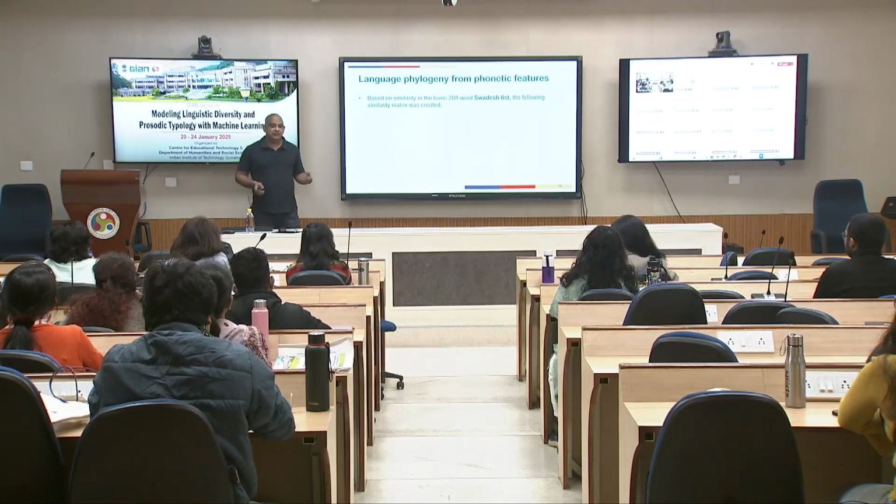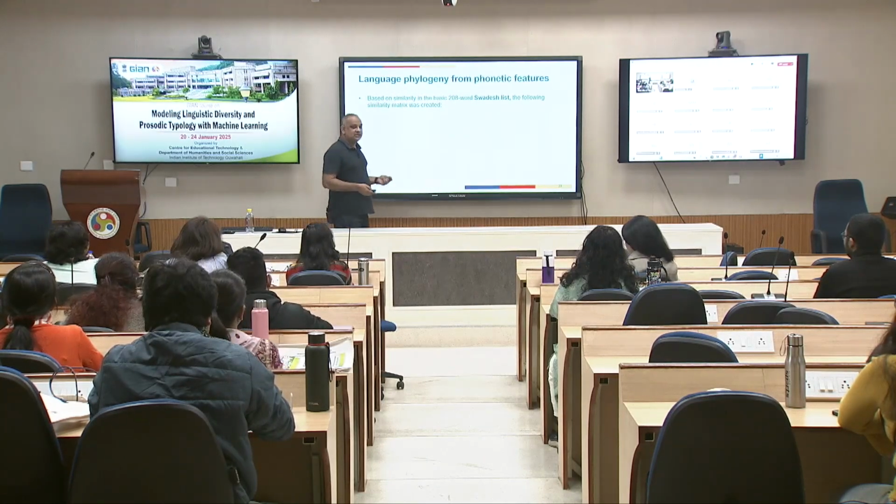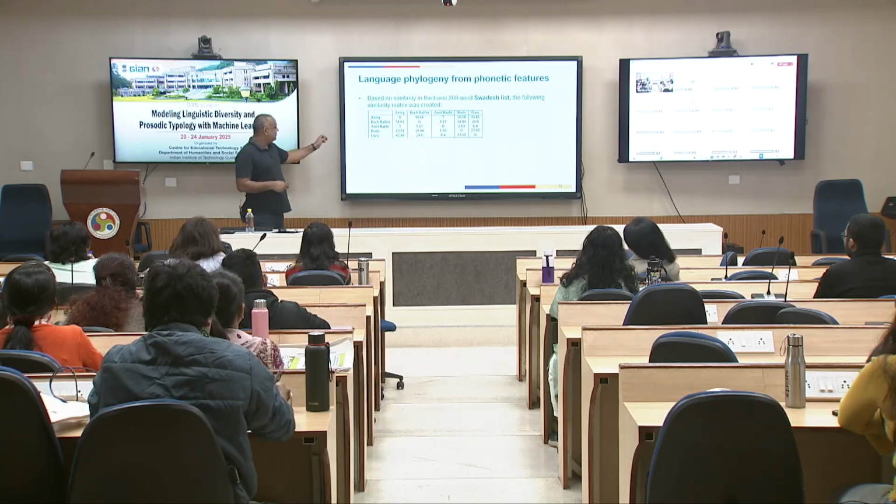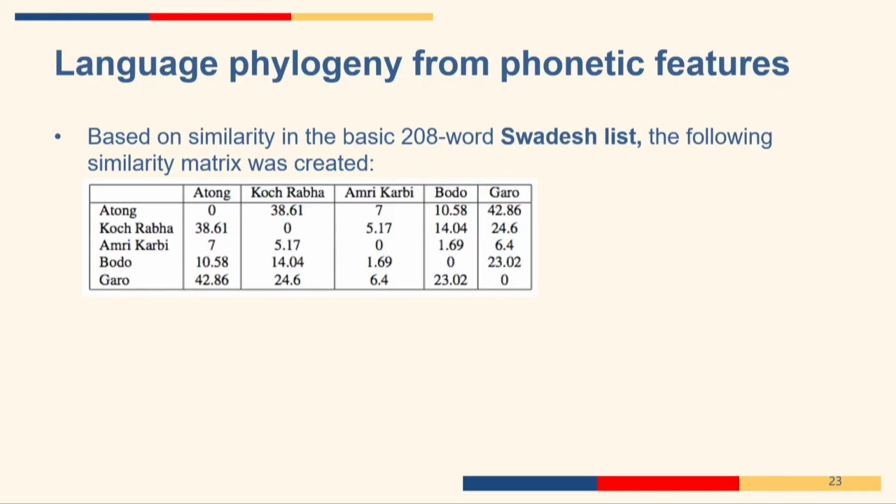And for these 18 different languages, we calculated the similarity and dissimilarity among them. So based on similarity, this is what we get. When we calculated the similarity for all the 208 words, we found out that Atong and Kosrava are 38.61% similar. And then Amri Karbi has a pretty low score here with the other Bodo-Garo languages.